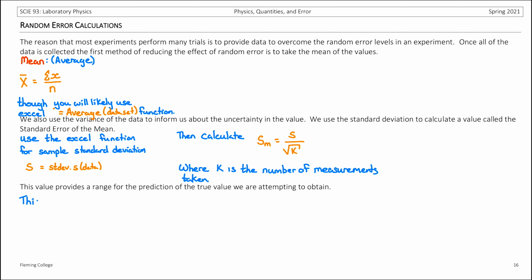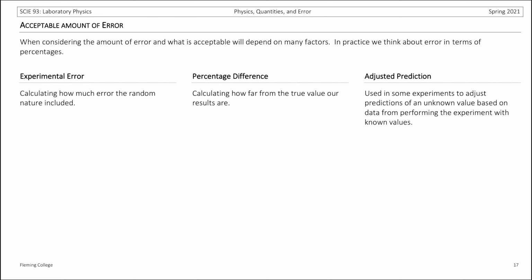This standard error of the mean is used to calculate the range of our predicted value that we're trying to obtain. So we would report an experimental result with uncertainty of X bar plus or minus the standard error of the mean.